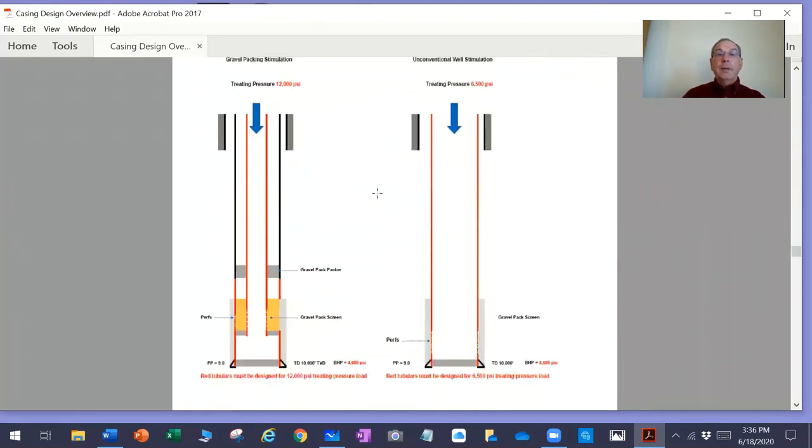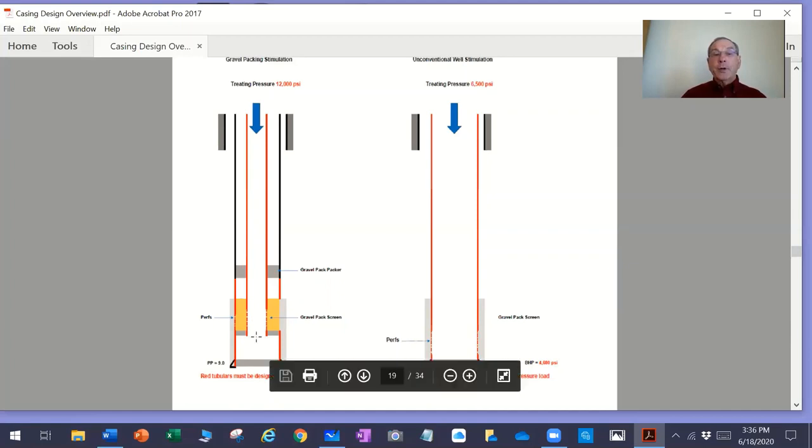The one on the left is a well where, let's say, we're doing a gravel pack, or a frac pack, on the well. We've got a gravel pack packer set in the well, drill pipe going down to this packer, and a screen down here, and we're going to be doing this stimulation treatment at, let's say, 12,000 psi.